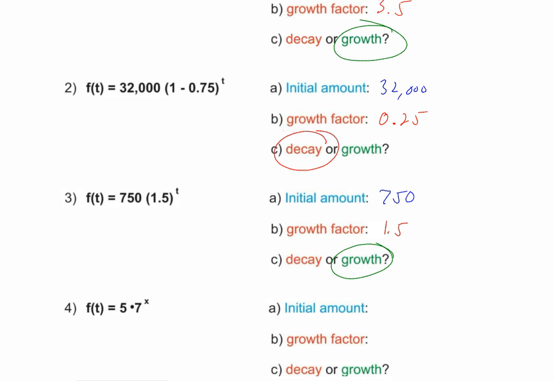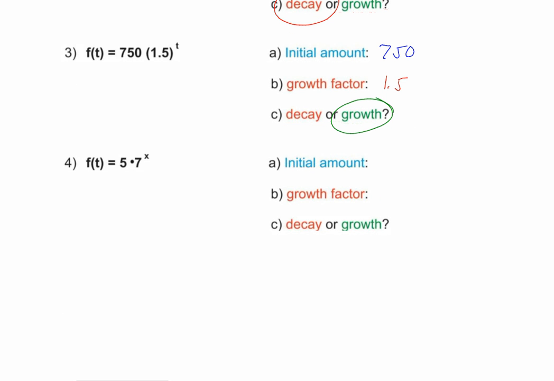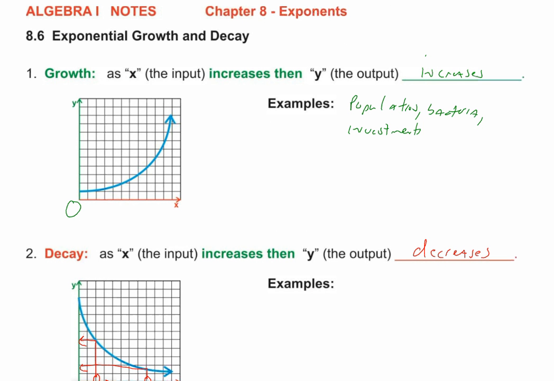Go ahead and fill it out yourself. Give the initial amount. Give the growth factor. Say if it's decay or growth. And hopefully you said 5.7 and growth. Questions on that? We're reading the function because we know what stuff represents.